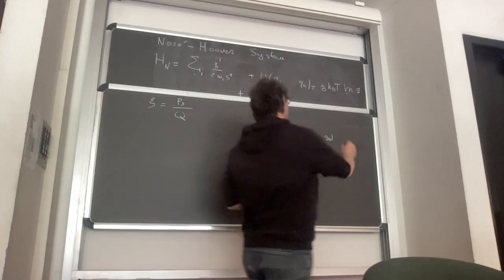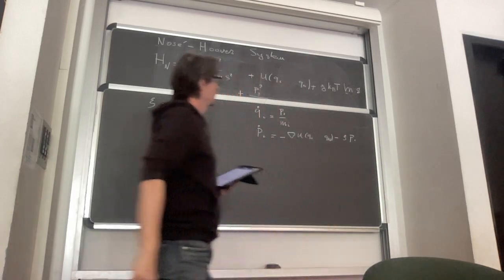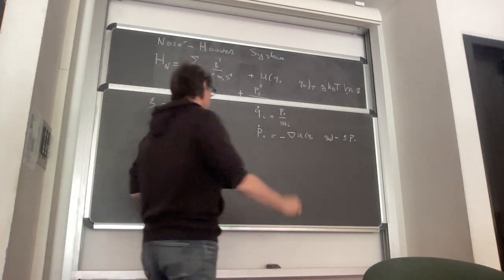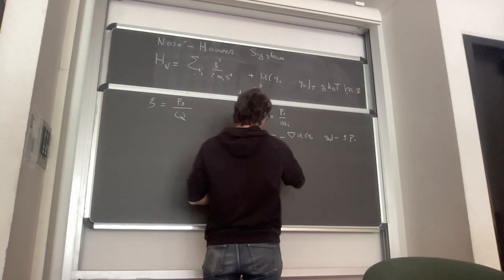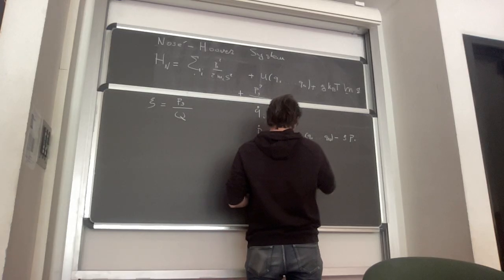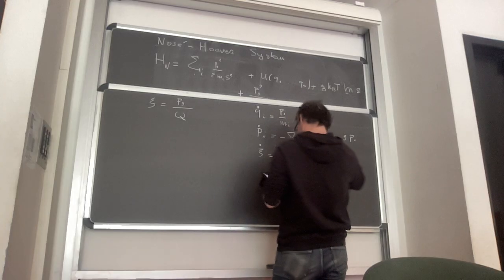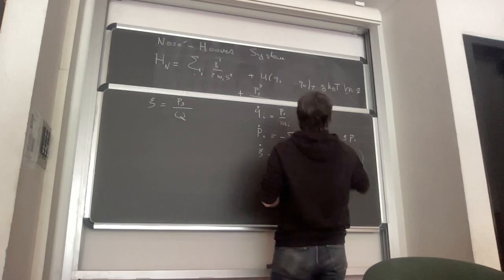But that's not it. You also get a term, minus psi p_i. Then I get psi dot is 1 over Q, sum of i going from 1 to N, p_i squared over m_i, minus g k_B T.